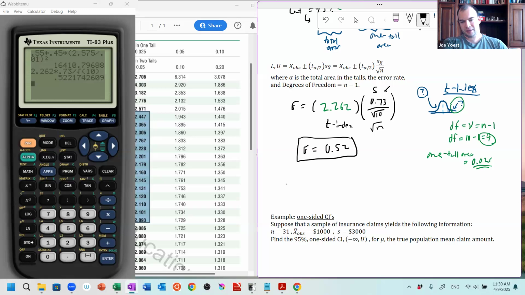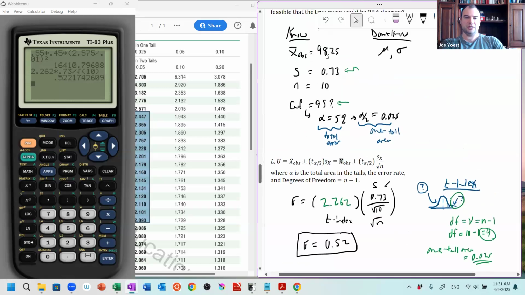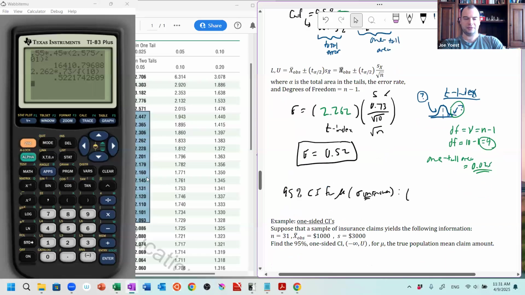And therefore my 95% confidence interval for mu, where sigma is unknown, would be my point estimate, x bar observed, in this case 98.25, minus my margin of error, minus 0.52, so 97.73 on my lower end.